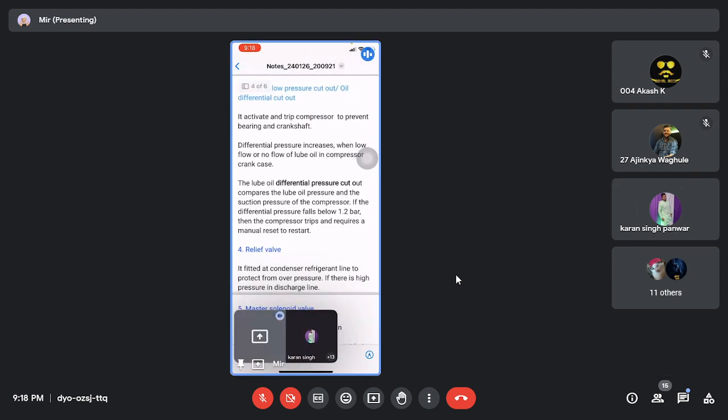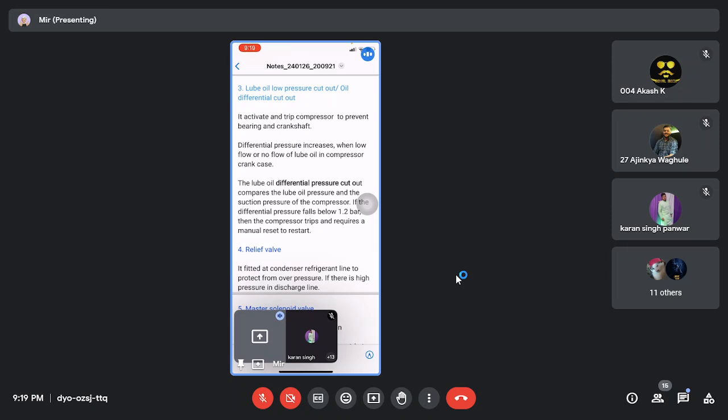It activates and trips the compressor to prevent damage to the bearing and crankshaft. So the lube oil low pressure cutout, or oil differential cutout, activates and trips the compressor to prevent damage to the bearing and the crankshaft. The differential pressure increases when there is low flow or no flow of lube oil in the compressor crankcase.